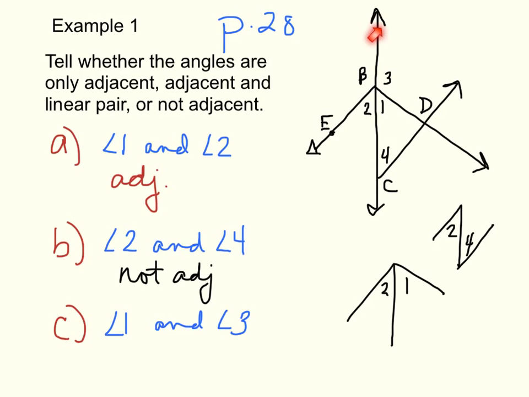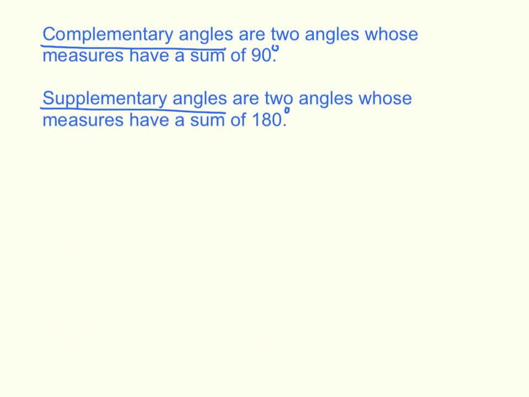So 1 and 3 are right here. Angle 1 and angle 3. Here's angle 3, here's angle 1. They do share a common side and vertex, and they make a straight line. Therefore, they are adjacent and a linear pair.